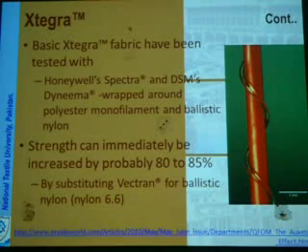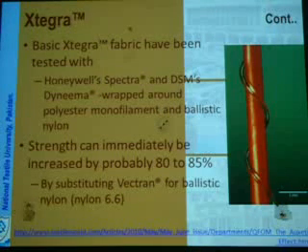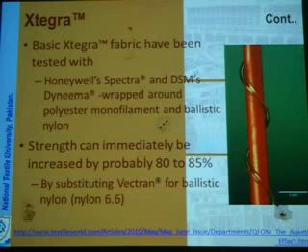Auxetic fabrics have been tested with Honeywell's Spectra and DSM's Dyneema, wrapped around polyester monofilament and ballistic nylon. The strength of these materials can immediately be increased by probably 80 to 85% by substituting Dyneema for ballistic nylon, which is actually nylon thickness.